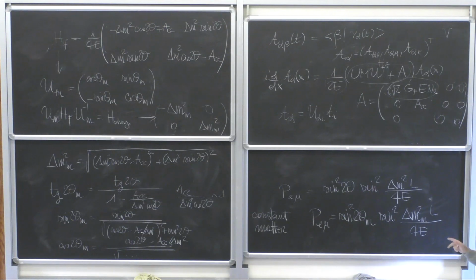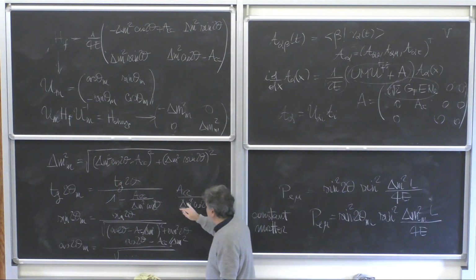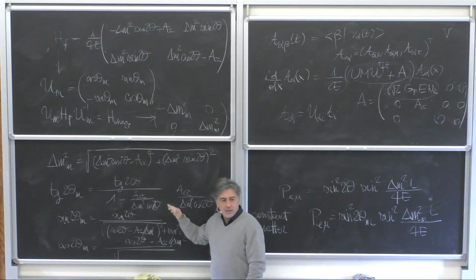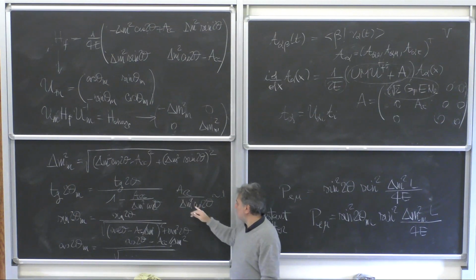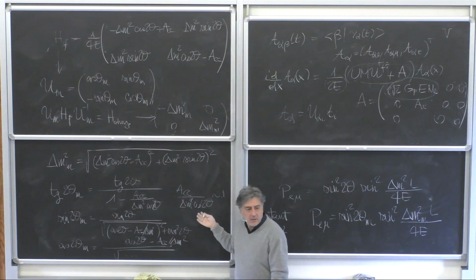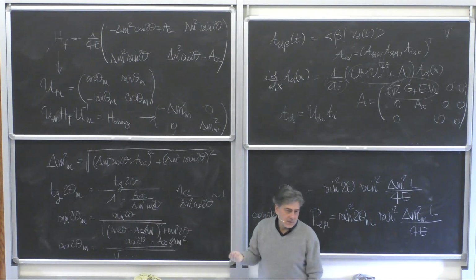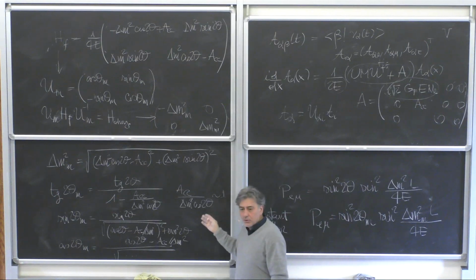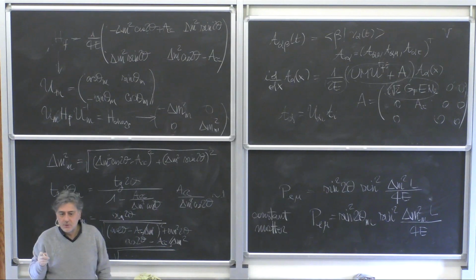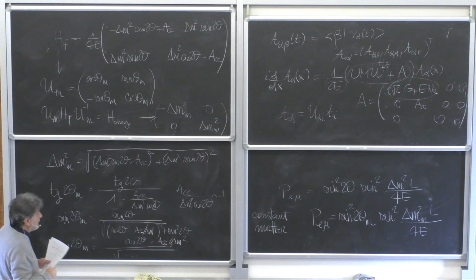For antineutrinos, the potential changes sign. So it depends if you're considering neutrinos or antineutrinos, because given the mixing angle in the vacuum, ACC is positive for neutrinos, for antineutrinos is negative. So this condition can be true for neutrinos or for antineutrinos, not at the same time for neutrinos and antineutrinos.